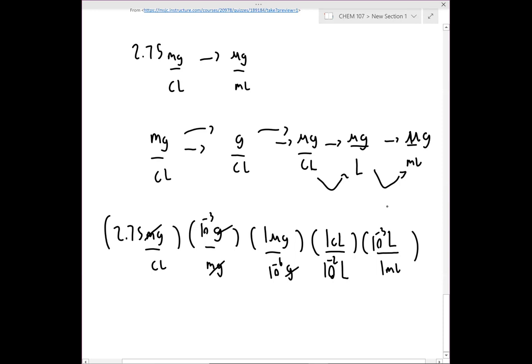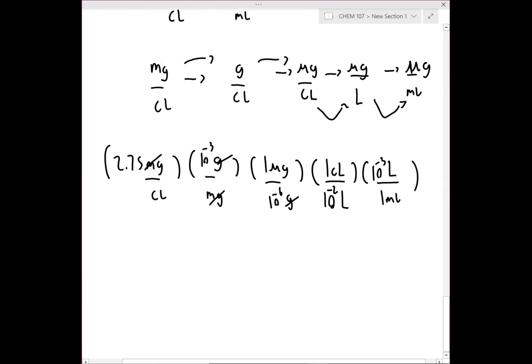Okay, perfect. So now that we have this set up, we're going to execute on our unit conversion and plug in our powers of 10. So we have 2.75 times 10 to the negative third times 10 to the positive sixth times 10 to the positive second, because we're moving these negative powers of 10 up top, times 10 to the negative third.